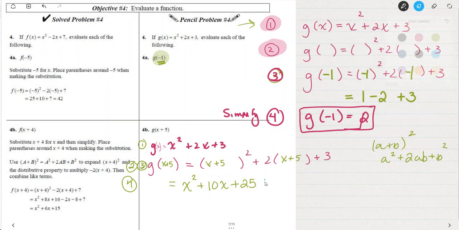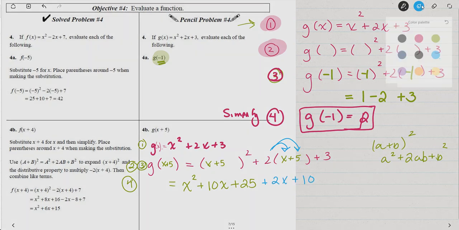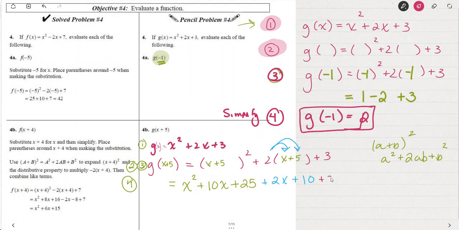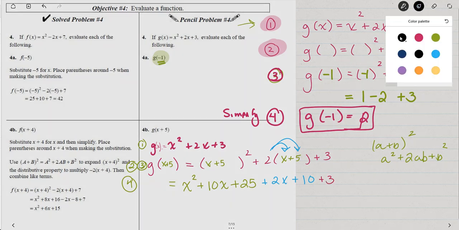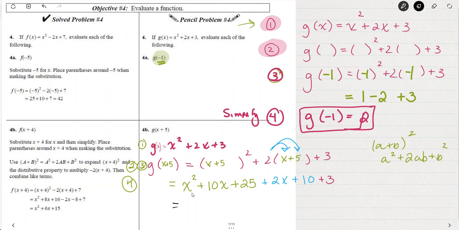Don't forget to distribute the 2. So it's 2x plus 2 times 5, and then plus 3. And the last step is going to be to simplify this. So it looks like we've got x squared, combining like terms, 10x and 2x is 12x, 25 plus 10 is 35, plus 3 more is 38.